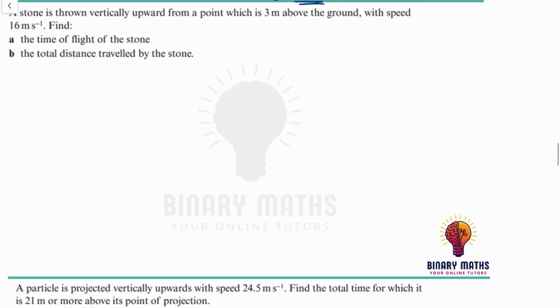Okay, next question. A stone is thrown vertically upwards from a point which is 3 meters above the ground with a speed of 16 meters per second.